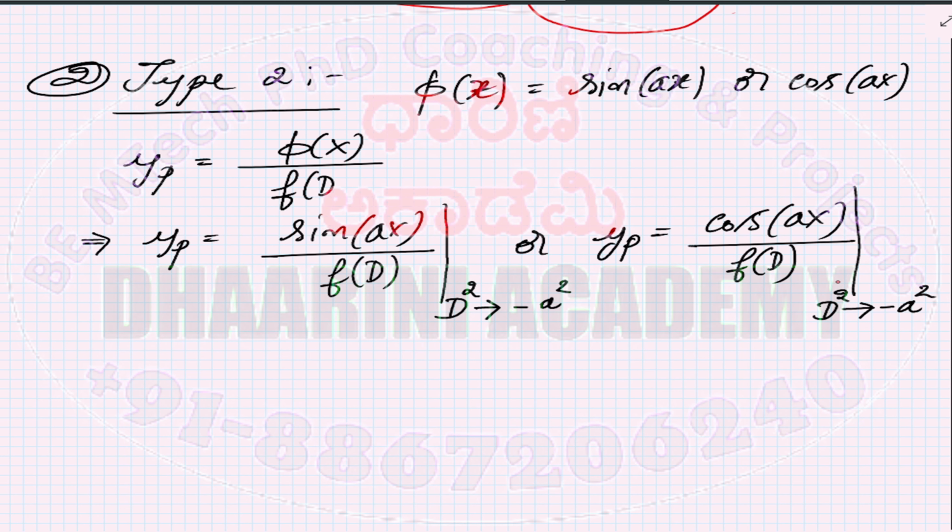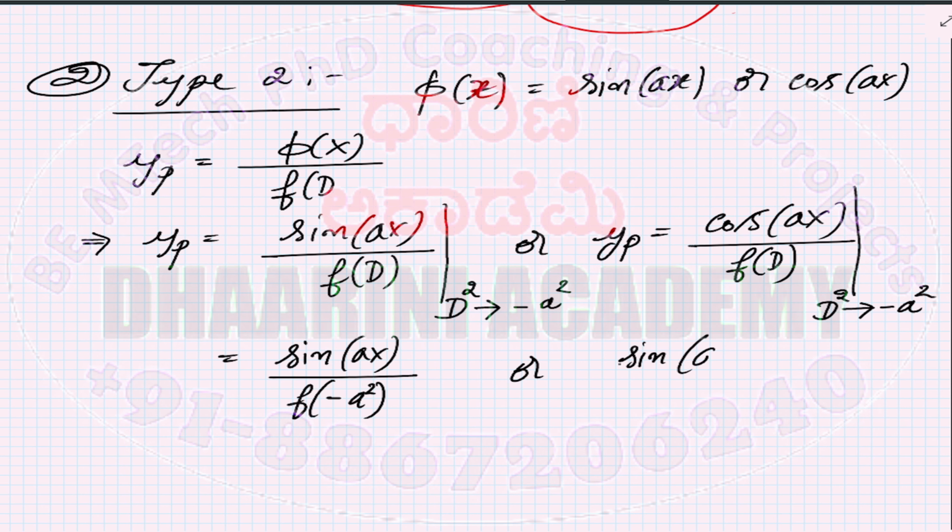Once you do this, what happens? The denominator is f of minus a square. Let me write that. This is equal to sine of ax by f of minus a square, because every D square I am going to replace by minus a square. Or I can also have, sorry, my mistake, it should be cos, because on the right hand side we have the cosine function.